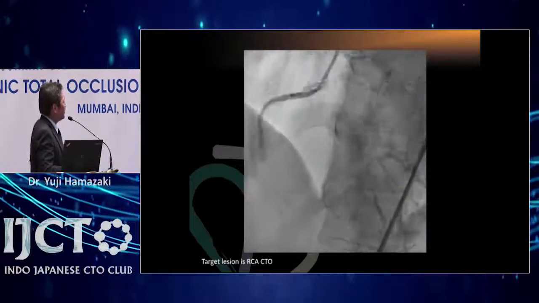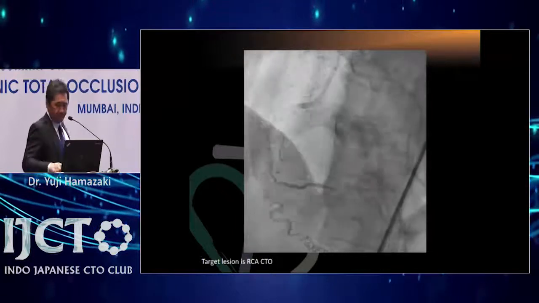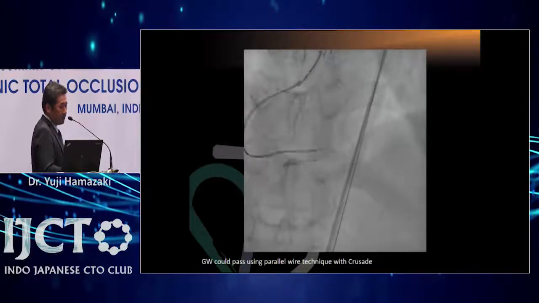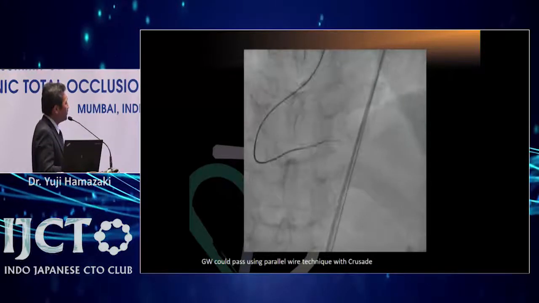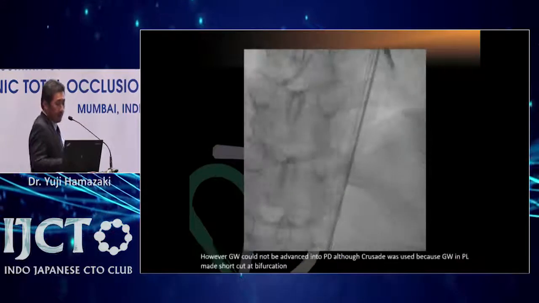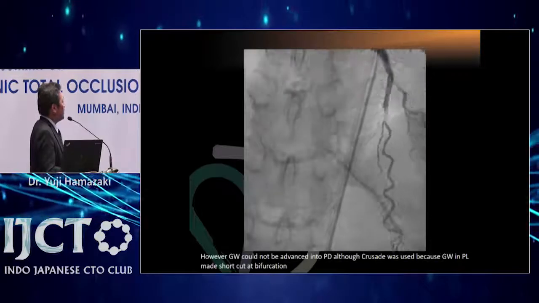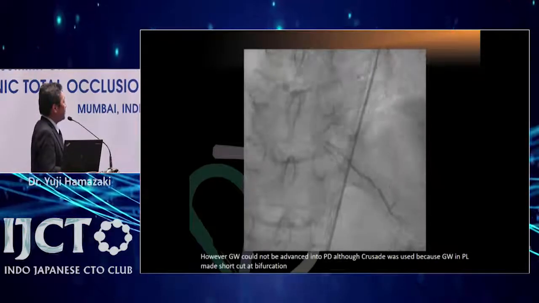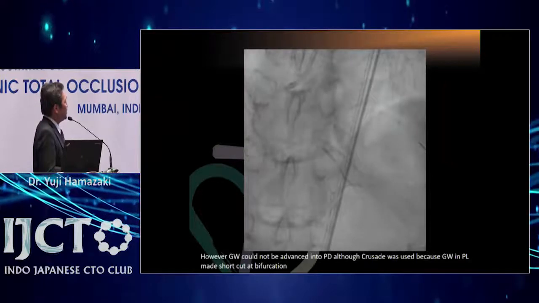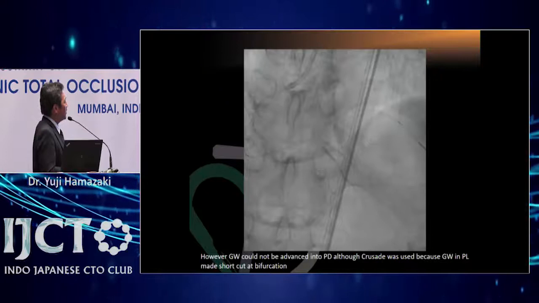The target region is RCA-CTO. This is the target region here. And the guide wire could pass using a parallel wire technique with Crusade. However, the guide wire could not be advanced into the PD branch, although a Crusade was used, because the guide wire in the PL made a shortcut at the bifurcation.